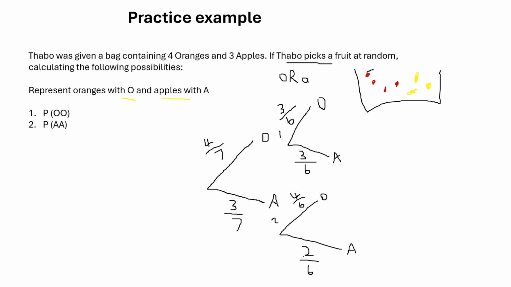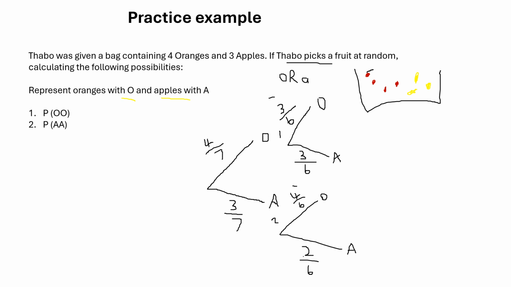Here, it's when he took out an orange. Here, it's when he took out an apple. Remember, any could have happened at random. If an apple is taken out, orange won't be affected. But if an orange is taken out, apples won't be affected.